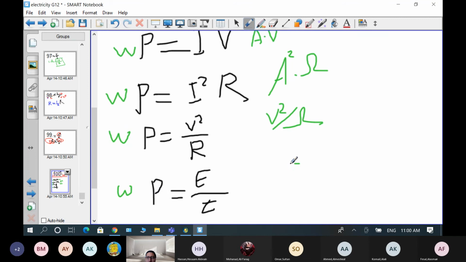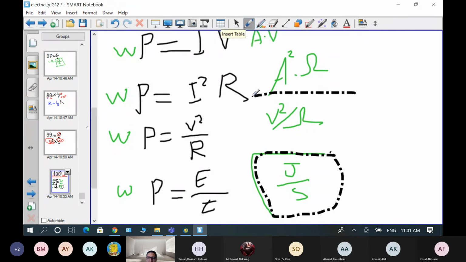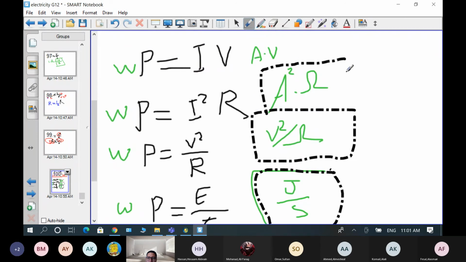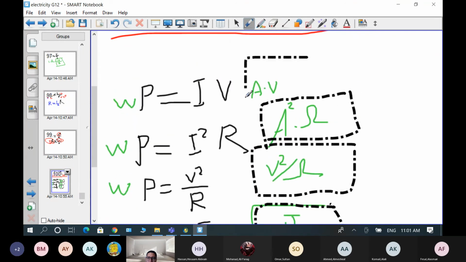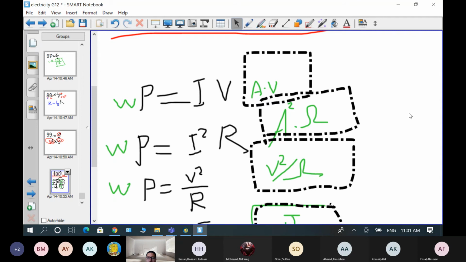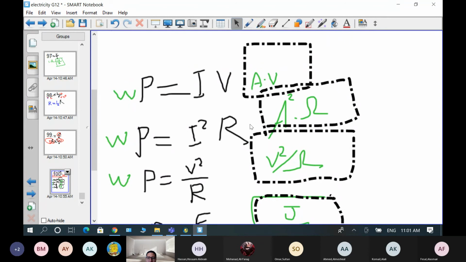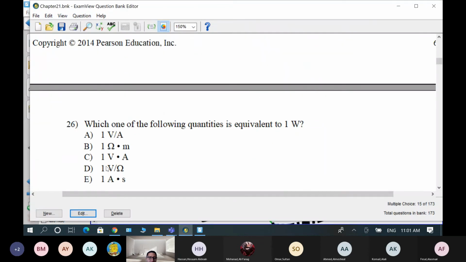And energy measured in joules divided by time measured in seconds is also equivalent to watt. All of these units are equivalent to watt, because we have many formulas to calculate power. In this question, volts multiplied by amps is equivalent to 1 watt.